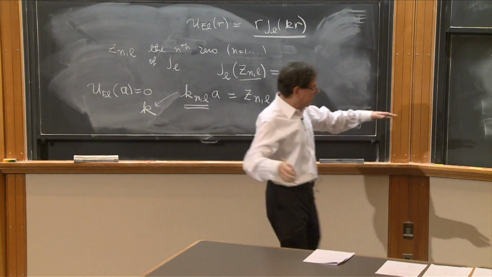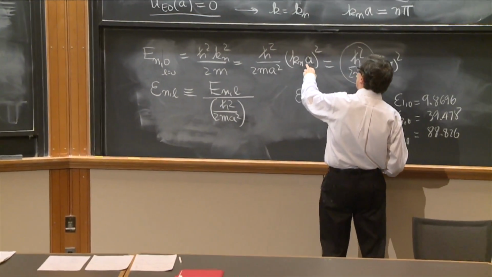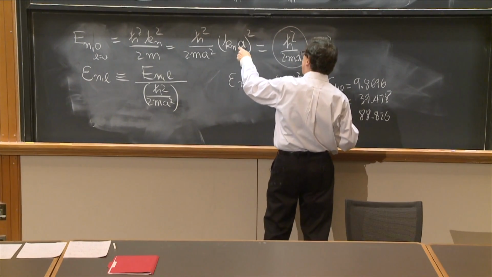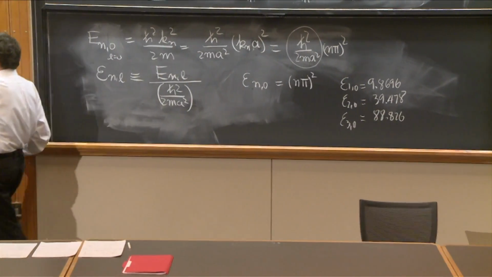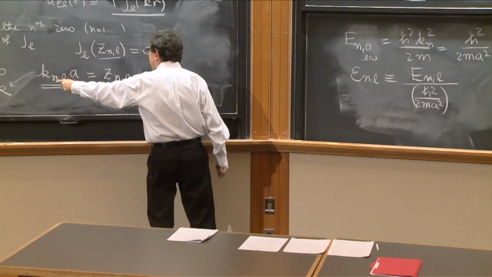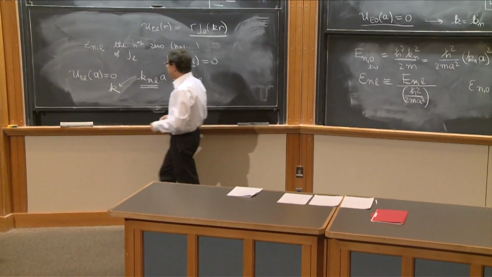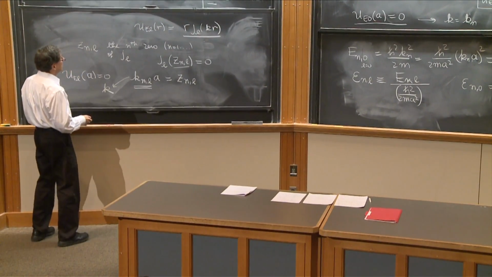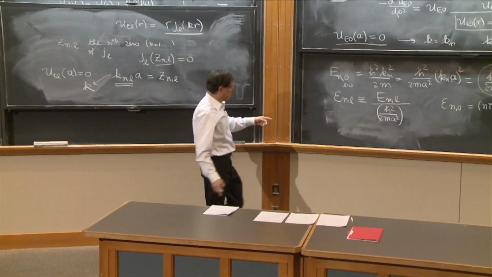And just like we quantized here, we had k_n, well, if you have various l's, put a k_nl. So for every value of l, you have k_nl's that are given by this. And the energies like this.